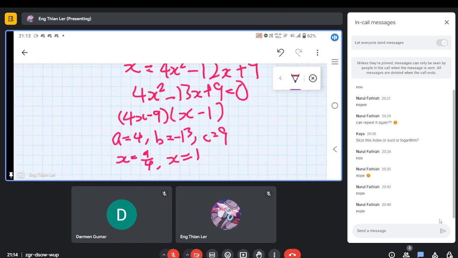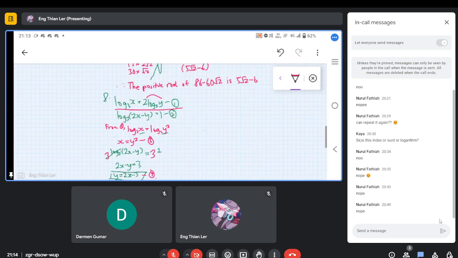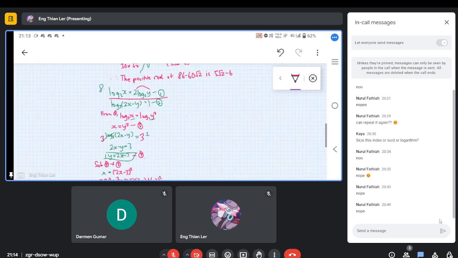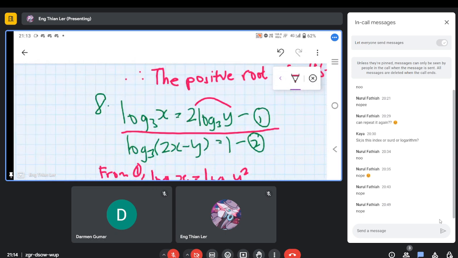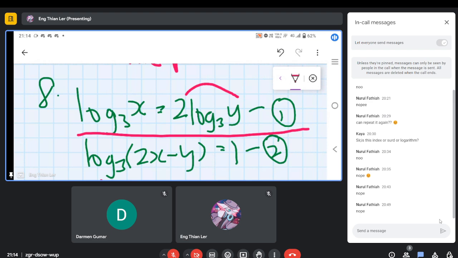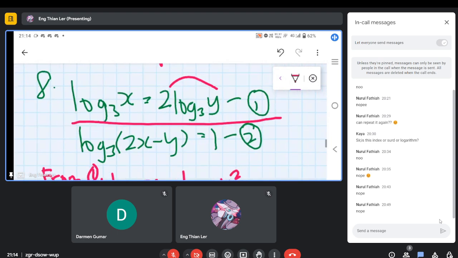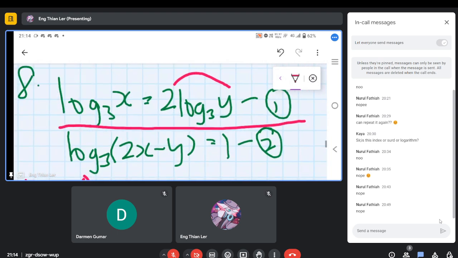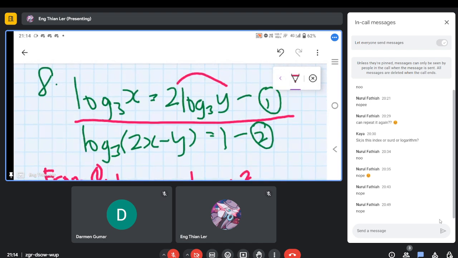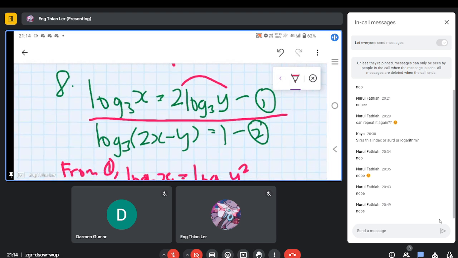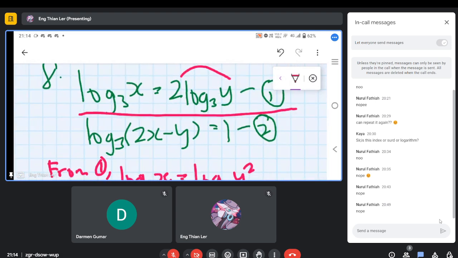Before we solve for y, let's look back. We have x equal to 1. If x equal to 1, it is doable, but it will become 0.